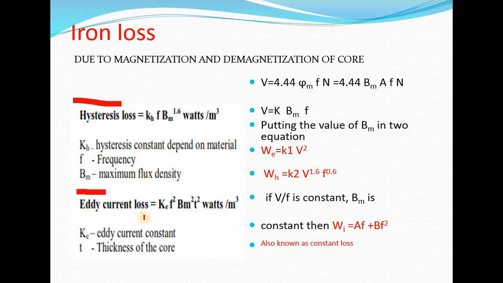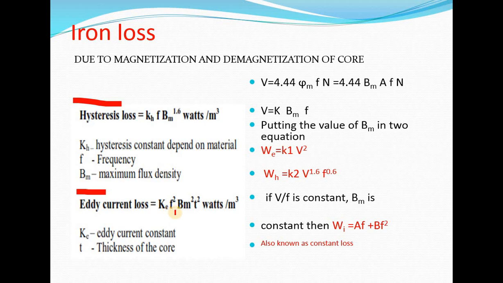And now what is the eddy current loss? Actually, eddy current loss is simply an ohmic type of loss. The ohmic loss occurs in the winding, and this loss is simply an I square R type of loss. It occurs in the core, because when the magnetic flux linking the winding changes, the EMF induced across the winding leads to current flowing in the winding.